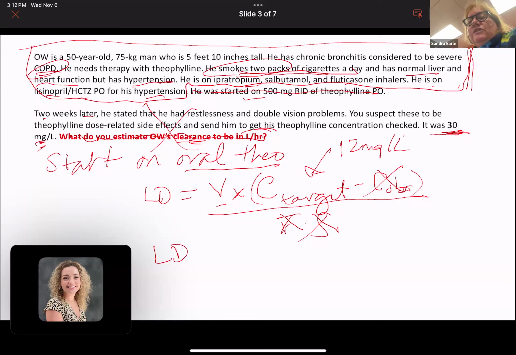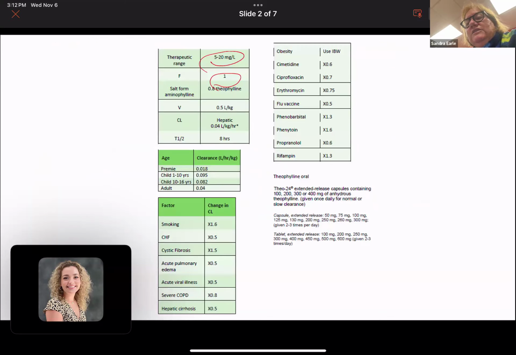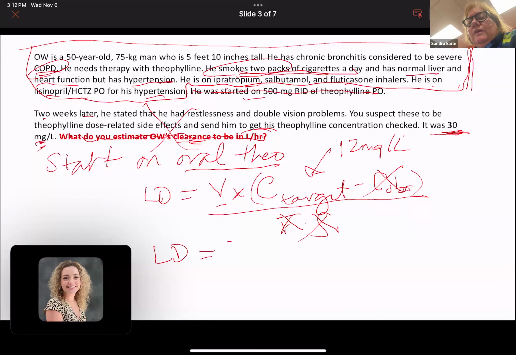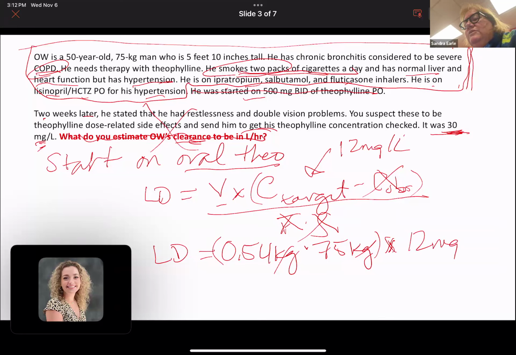So what's our loading dose going to be? It's going to be volume, which again, let's look here. Our volume is 0.5 liters per kilogram. He weighs 75 kilograms. So those kilograms will cancel and we'll have liters, which is a volume. So that's good. And what's our target concentration? 12 milligrams per liter.